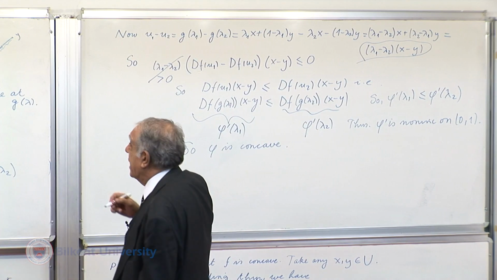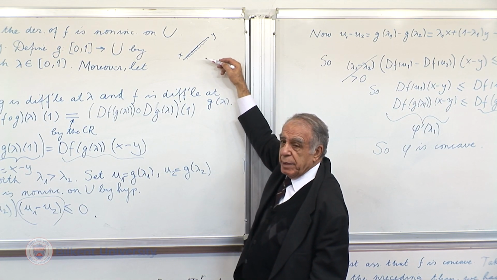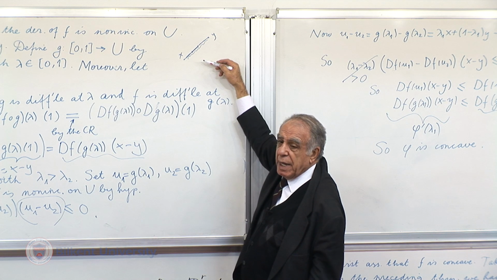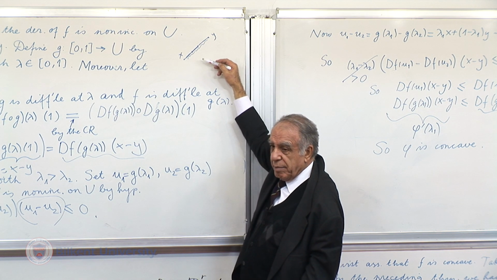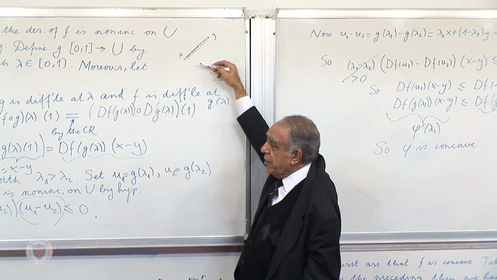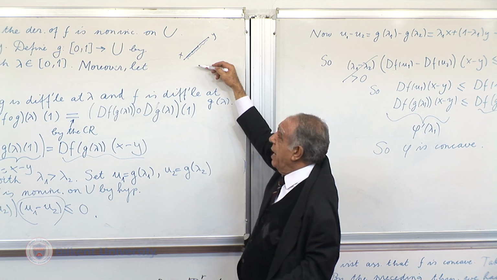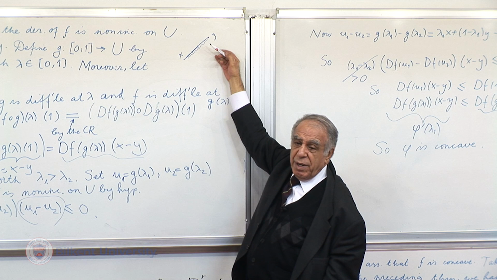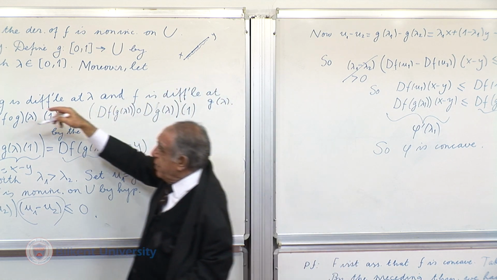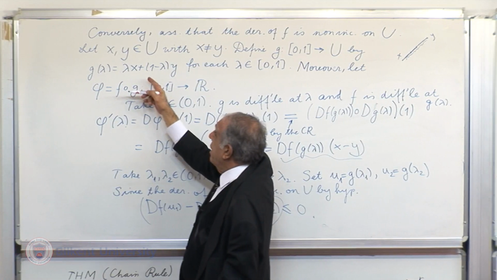But when do we get f of x here? For what value of lambda? If I take lambda equal to 1, then 1 minus lambda is 0. Then g of 1 will be x. G of 0, this g of 0 will be y.